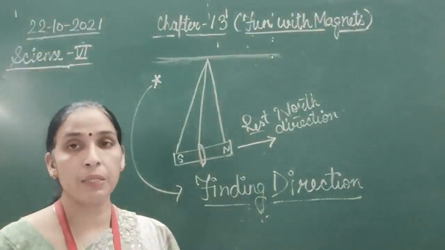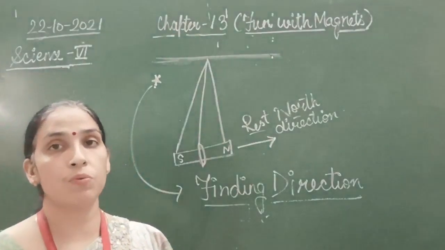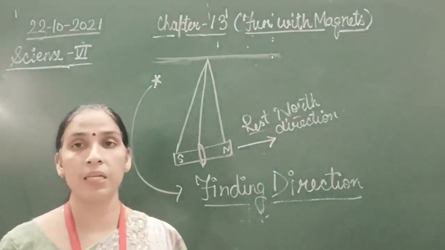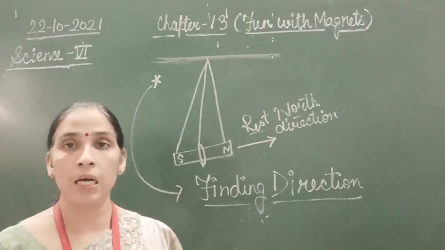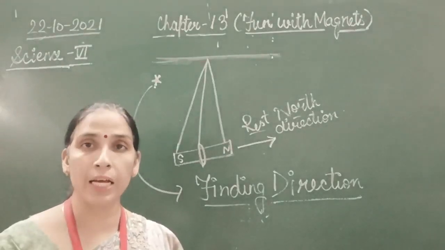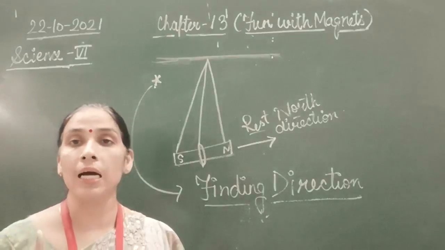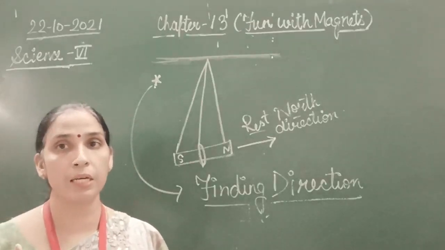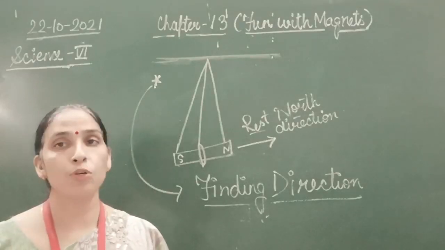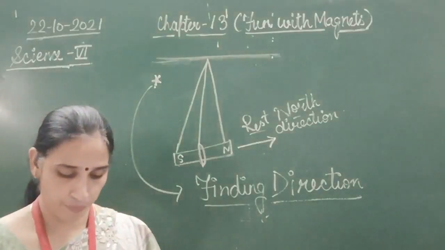So attraction and repulsion between magnets happens due to like poles repelling each other and unlike poles attracting each other. That will happen due to like and unlike poles only.